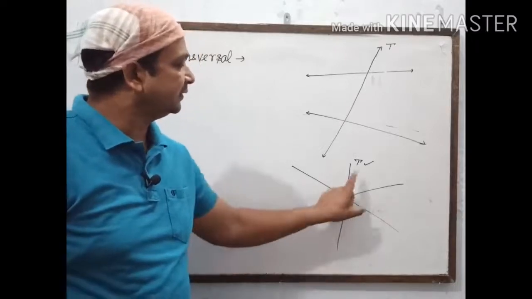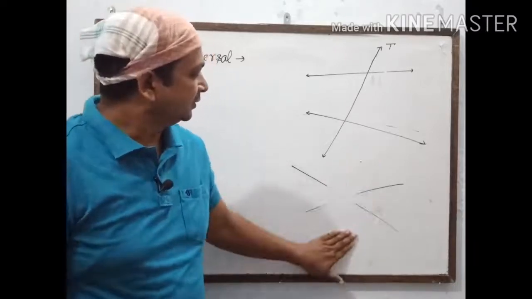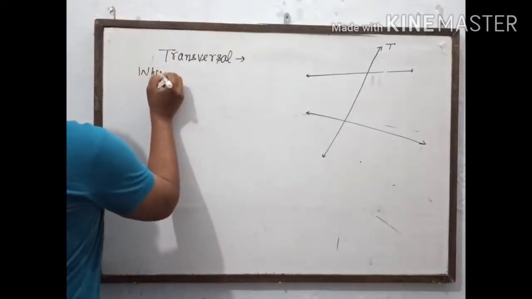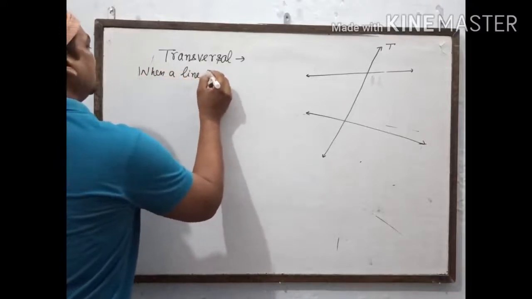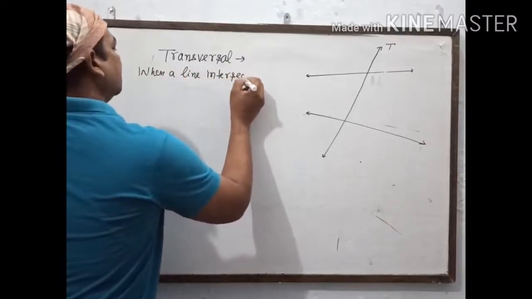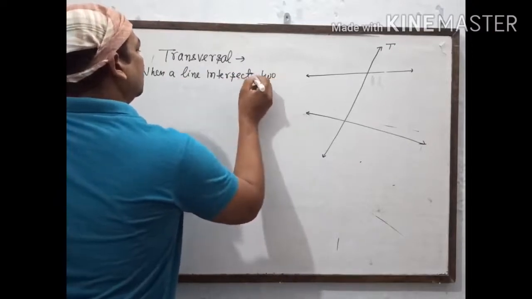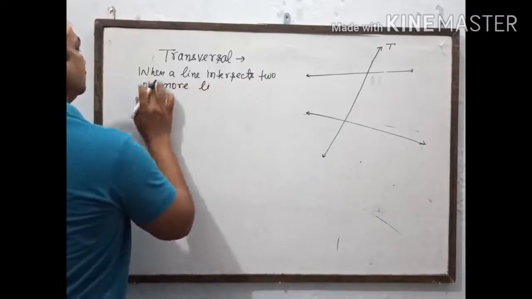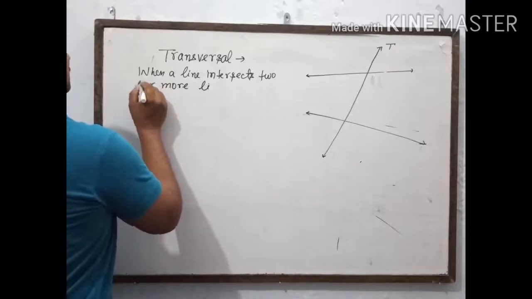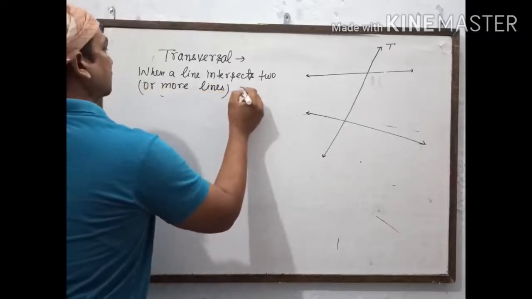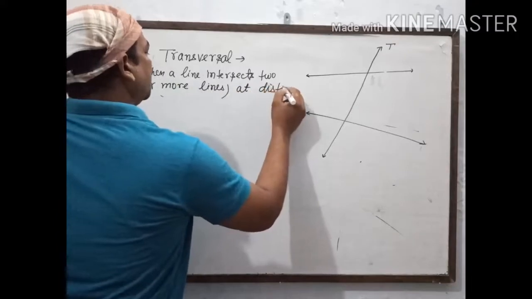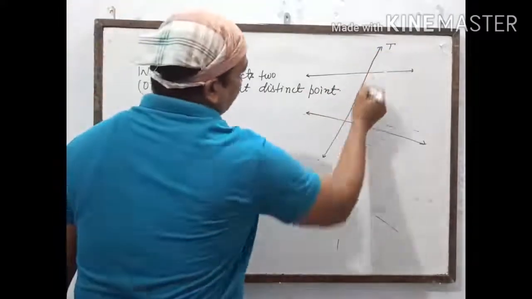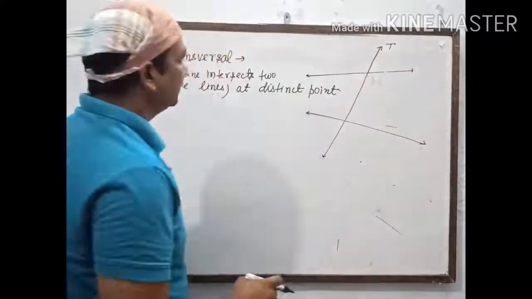So in this figure, this is not a transversal, because we define it as when a line intersects two or more lines at distinct points. Here this line denoted by T is called the transversal.